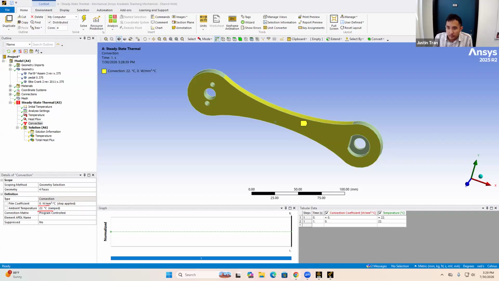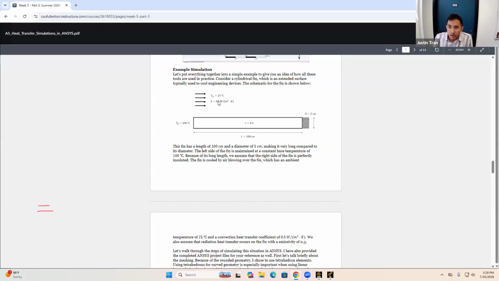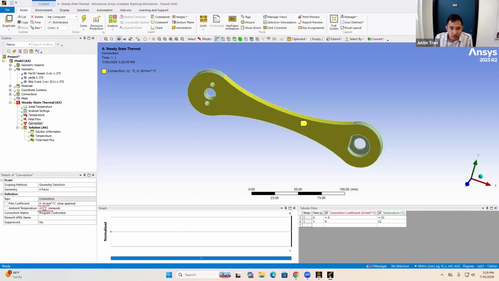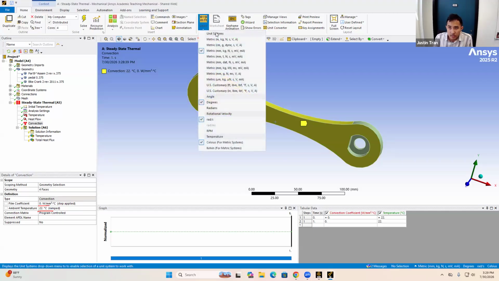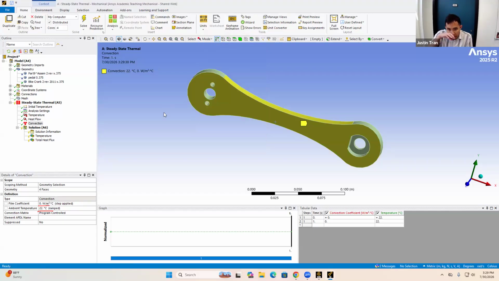Okay, so let's go ahead and specify our convection coefficient here, which is 0.5 watts per meter squared Kelvin, okay? Be careful of the units, right? Right now, this is in watts per millimeter squared degrees Celsius, right? So let's go ahead and switch to meters. Celsius and Kelvin are interchangeable. They mean the same thing in terms of units.